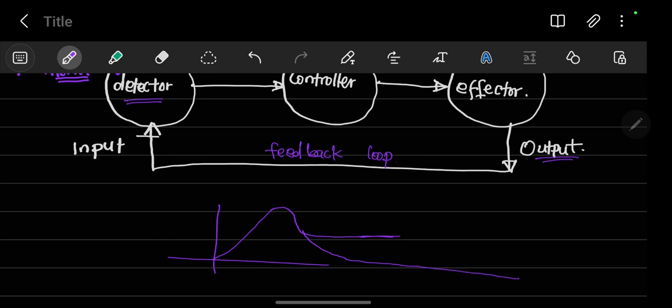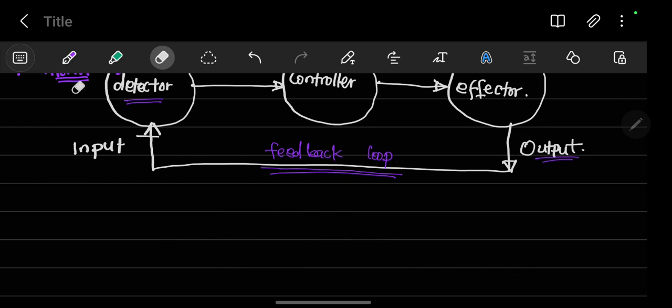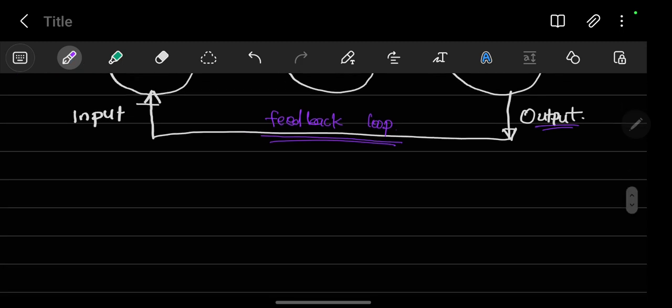So that is the feedback loop. Information has to be delivered to the system to tell it that the deviation that was there has been restored to the set point.